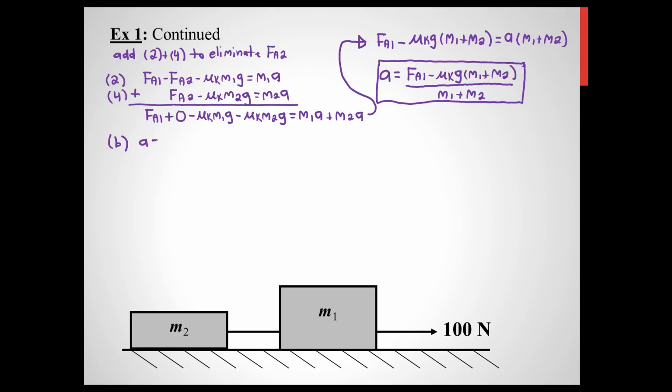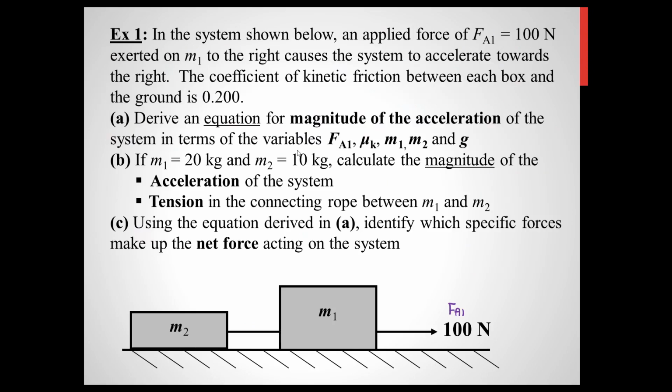So let's plug it in. fa1 is 100 newtons minus mu k, which is 0.200, times the magnitude of the acceleration due to gravity, 9.81 meters per second squared, multiplied by the sum of those masses. M1 has a mass of, let's go back and double check here. Oops. M1 is 20 and M2 is 10.